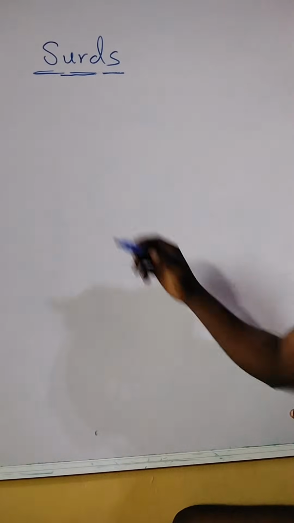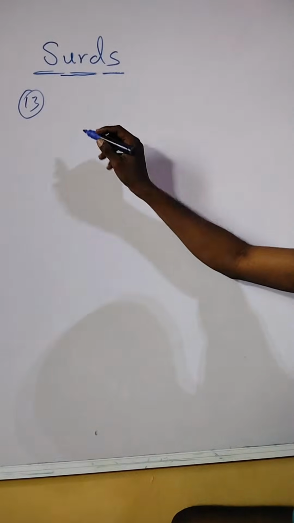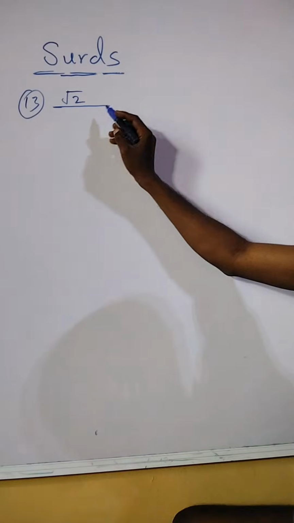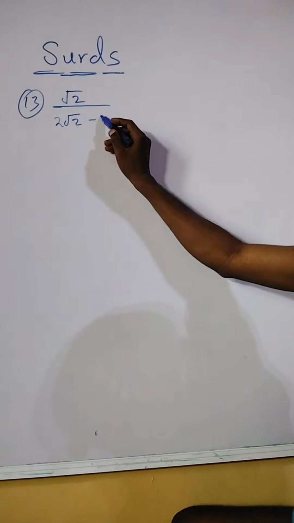We label this as number 13. Then, we have to evaluate root 2 over 2 root 2 minus 3.